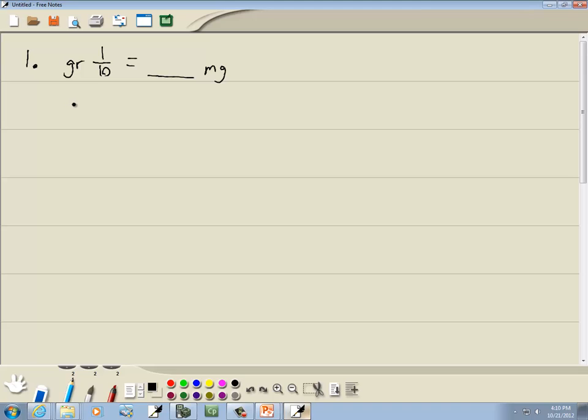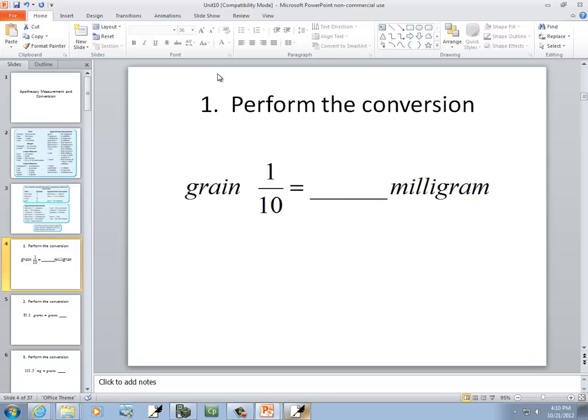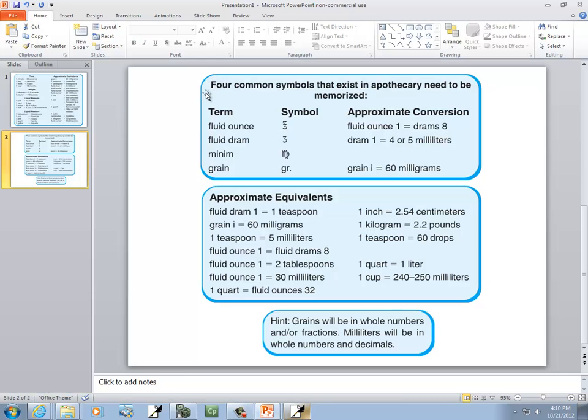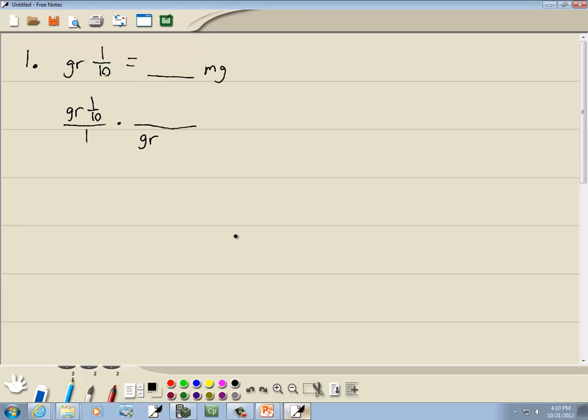Now we're going to use dimensional analysis for this. So I got the 1/10 of grain. I put over 1, put in fraction form. Now if grains is up here, grains has to be down here. Now I'm looking for some kind of tie between grains and milligrams. Here's one. 60 milligrams is 1 grain.